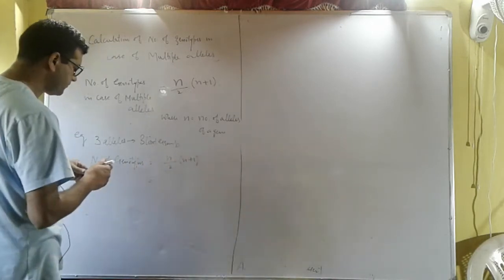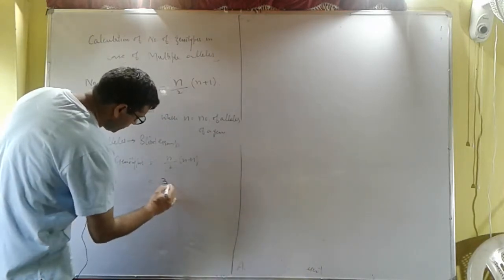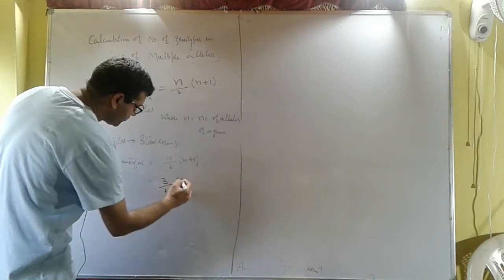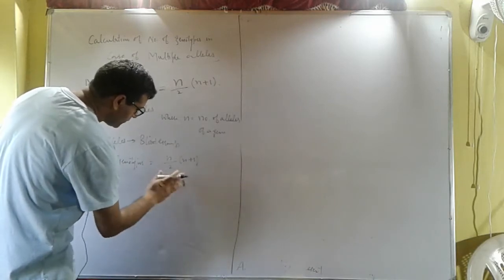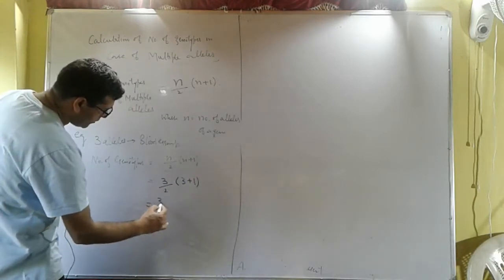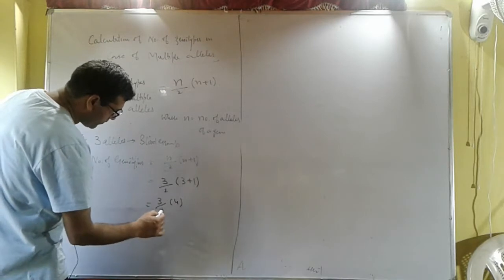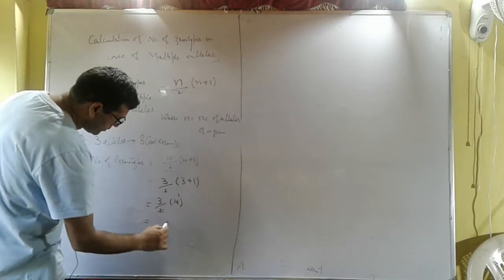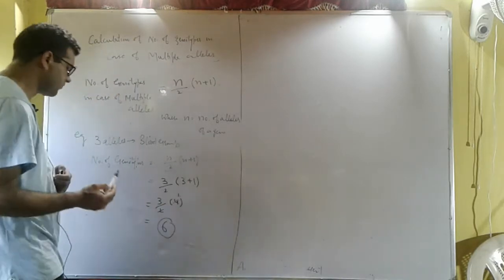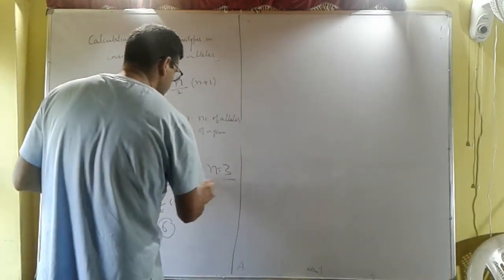So n is obviously 3. 3 divided by 2, 3 plus 1. So we have 3 by 2 into 4, which is 6 genotypes. So the number of genotypes is 6. Here n is equal to 3.